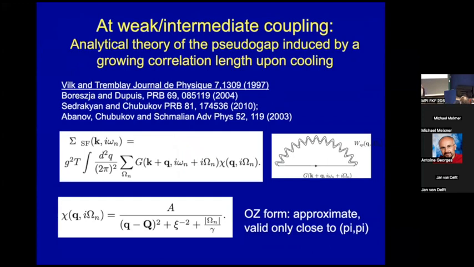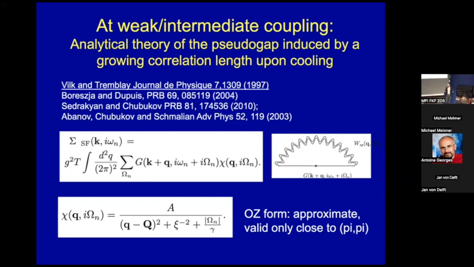We had a beautiful talk yesterday about this from Andrei Chubukov's collaborator, recent beautiful work, which also puts a new development on something we've known for several decades, which goes back to Vilk and Tremblay, and also Andrei's work, that in the weak coupling limit, the correlation length grows as we go to low temperature, and this indeed destroys quasi-particles at the hotspots on the Fermi surface. So there is an analytical understanding of this.